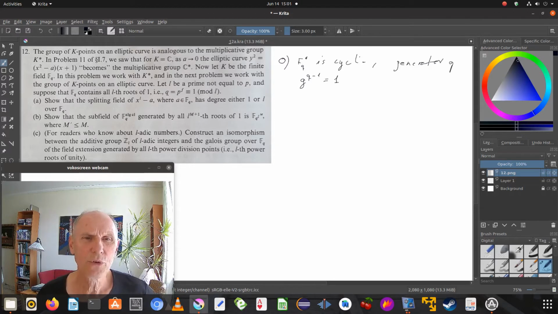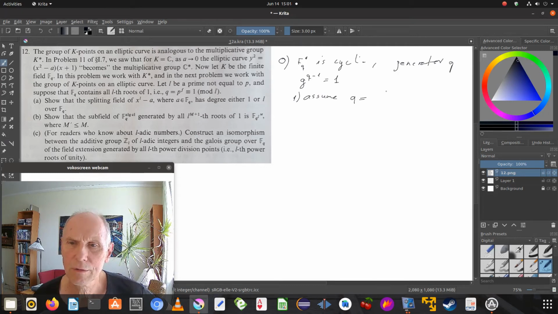And now if Q is equivalent to 1 modulo L, then we can insert that here.